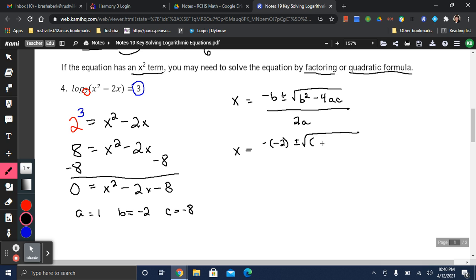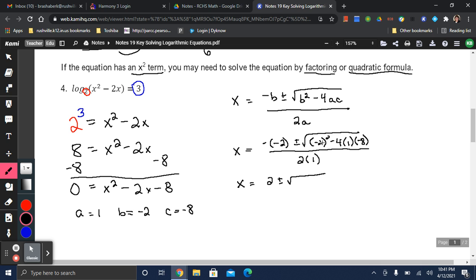Inside the square root, you'll have -2 squared minus 4 times 1 times -8. And then your denominator, 2 times 1.